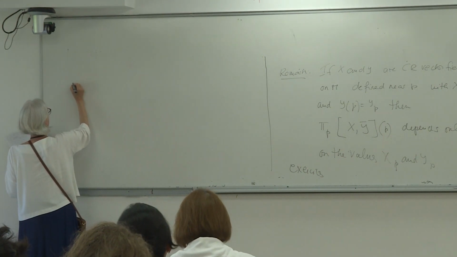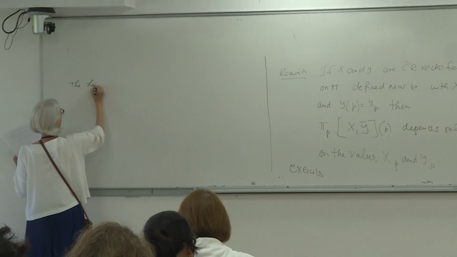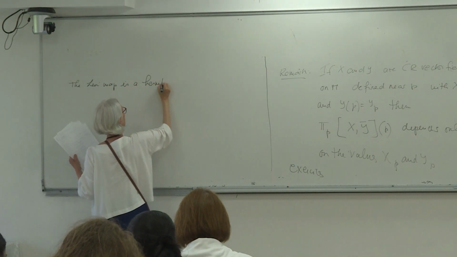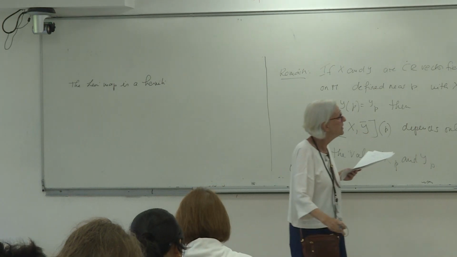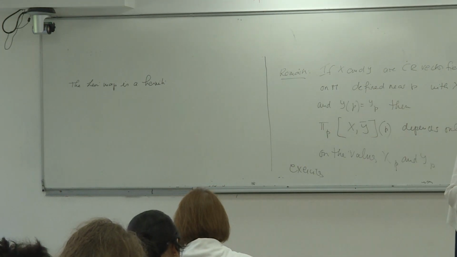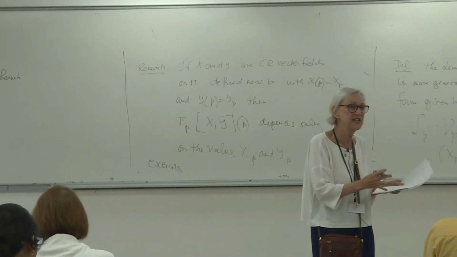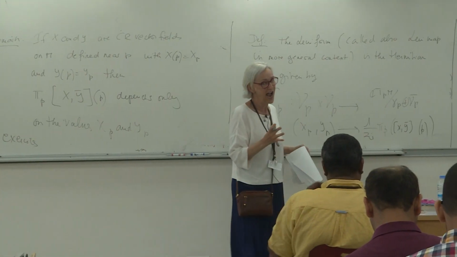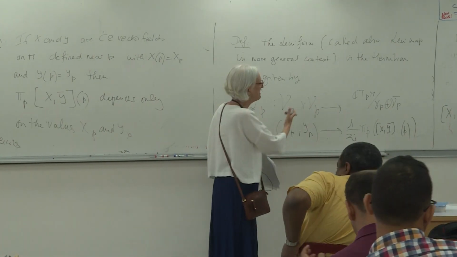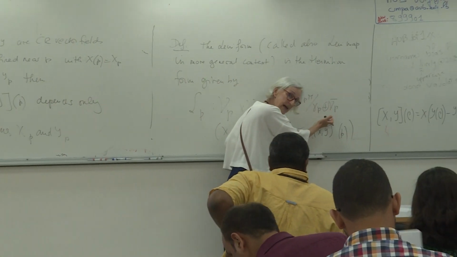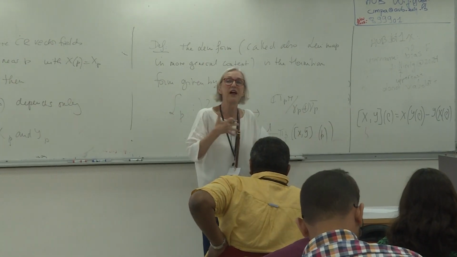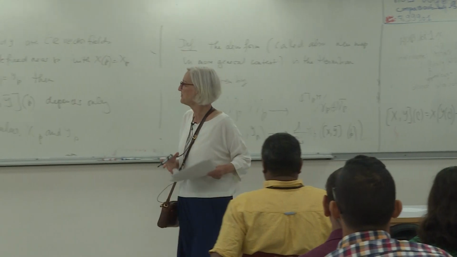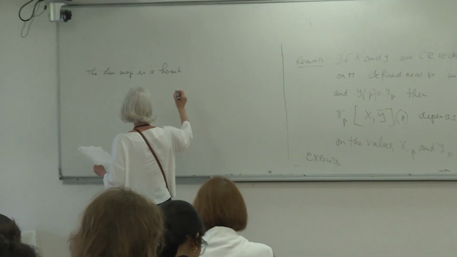The Levi form is a Hermitian form. We say Levi form, not Levi map. Levi map is when you have codimension bigger than 1. There is a more generalized definition, but I'm talking only about the hypersurface case. But you can mimic it and have the same if it's a CR bundle. It's not always a CR bundle, so you have to take a CR manifold in order to do this kind of thing. So the Levi map is a Hermitian form.